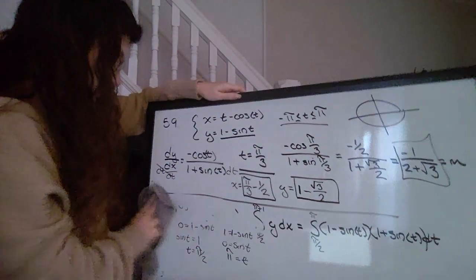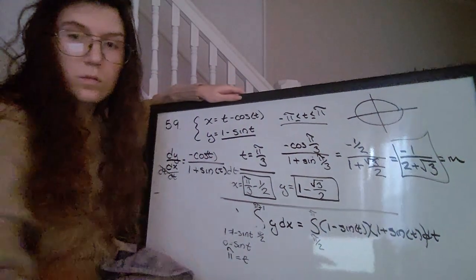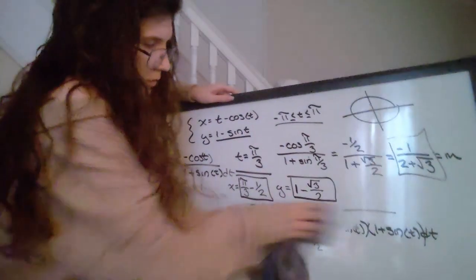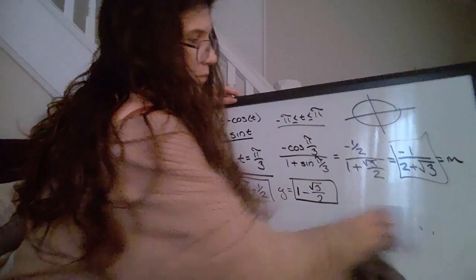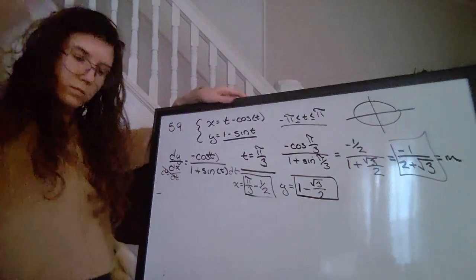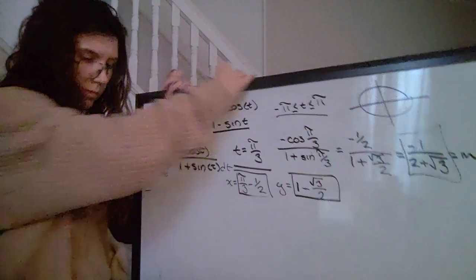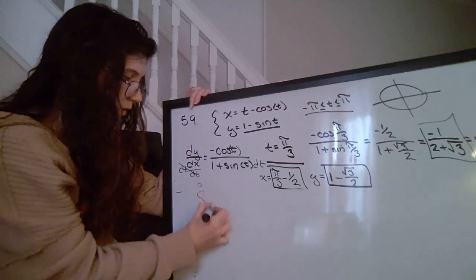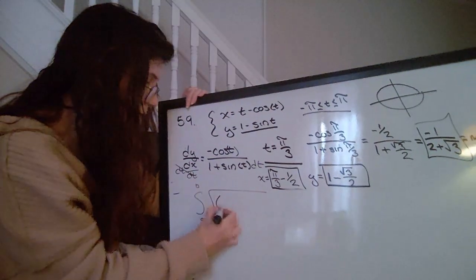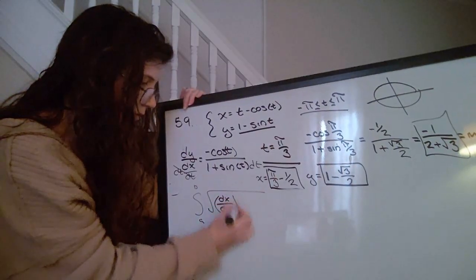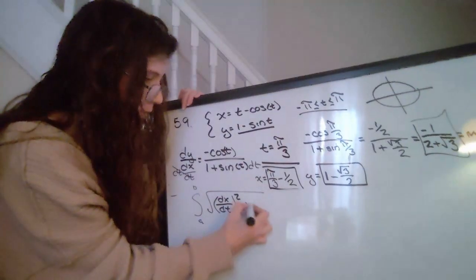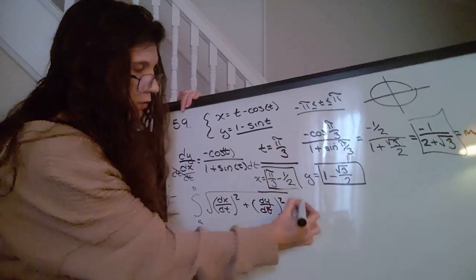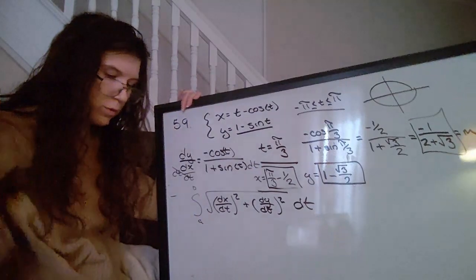So for arc length, our formula is going to be the square root of, this is actually equivalent to the other arc length formula that we've done previously, but this is a lot of times easier to set up when you have it as two functions with respect to time, or a third variable.